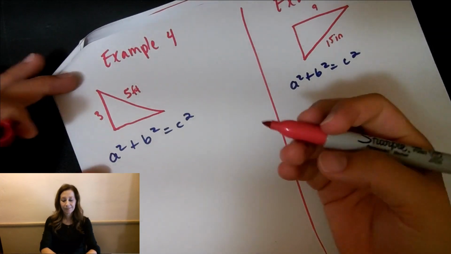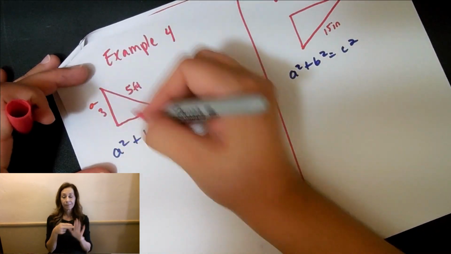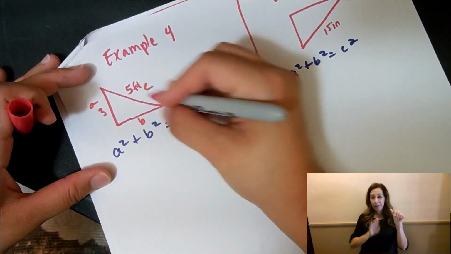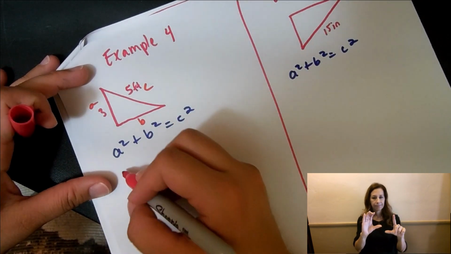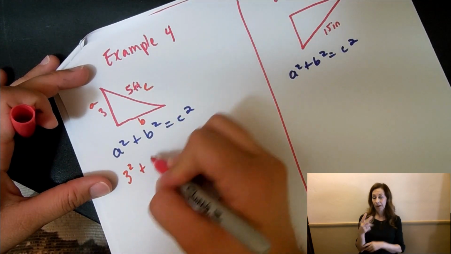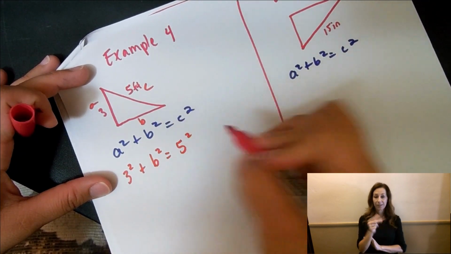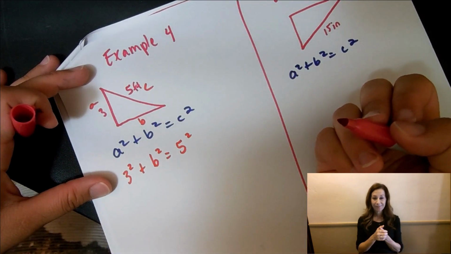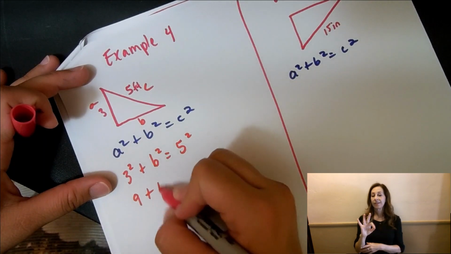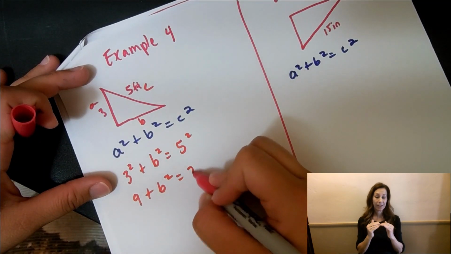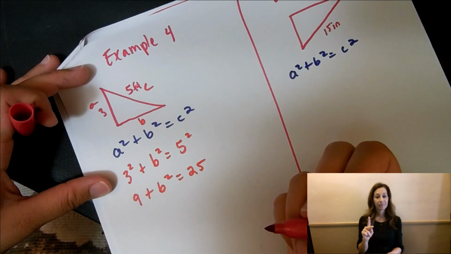All right, so let's go ahead and label these. I'll say this is A, this is B, this one's always C. So 3 squared plus B squared equals 5 squared. So 9 plus B squared equals 25.